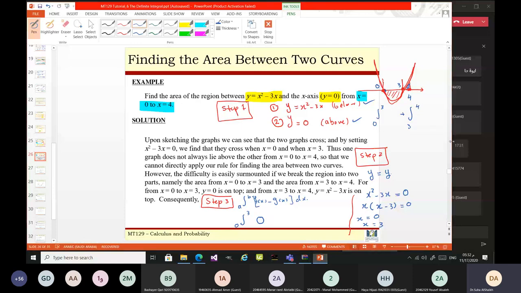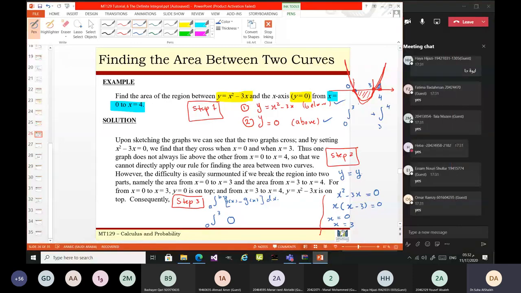The integration from 0 to 3, the first function is above. The function that is above is the axis, which is 0. The function that is below is y equals x squared minus 3x. From 3 to 4, the function that is above is the parabola. Who is above in the part from 3 to 4? Which part is above? It is x squared minus 3x.